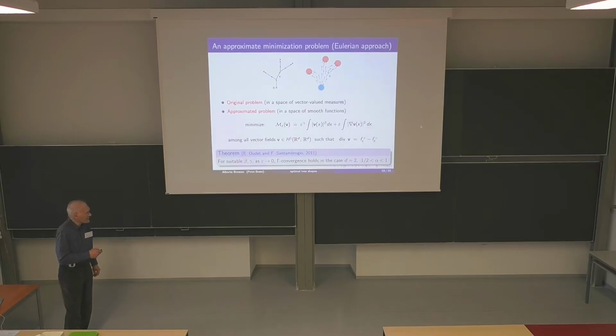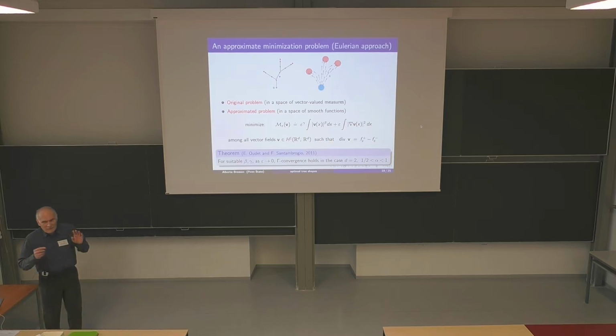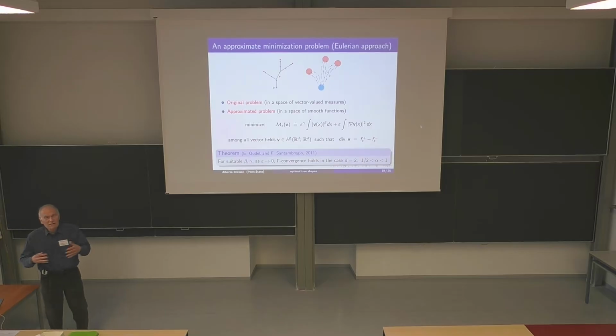And for these special constants, it turns out that gamma convergence holds in dimension 2 when alpha is between 1/2 and 1. And I guess more recently, there are more general results in this direction. So this is a way of mollifying, replacing this ramified transportation cost with something which is smoother.